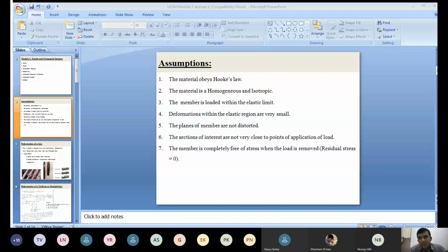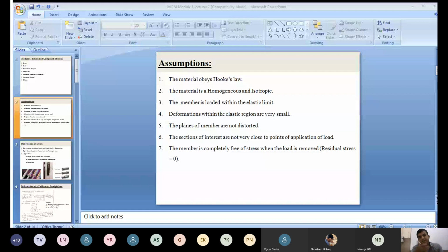Yes, in some initial class, some student asked the question: if I apply a load on an inclined load, what type of stresses are induced? If I apply a load here, what happens? The stresses are more there. For theoretical analysis, we will not consider a section at that point.